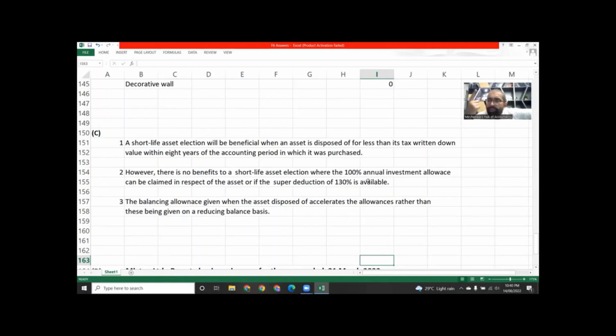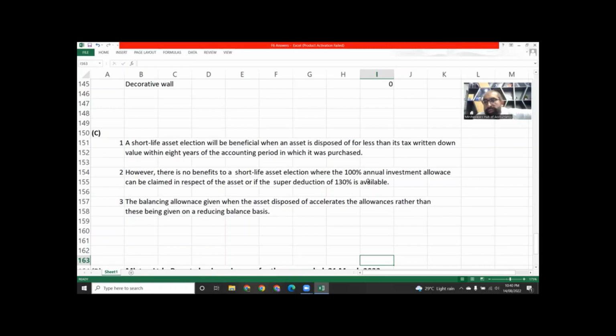I have a question, all of you, please. Why has the examiner written 100% AIA? Because for individuals, AIA is still available on short life assets. But for companies, now new course for the companies, for main pool items, now they have super deduction of 130%, right?